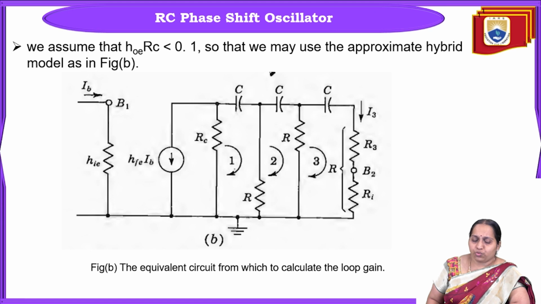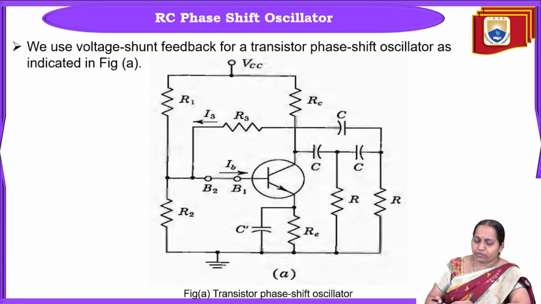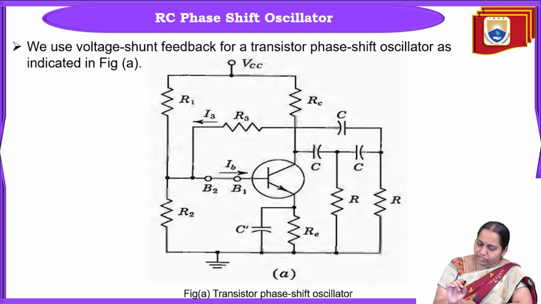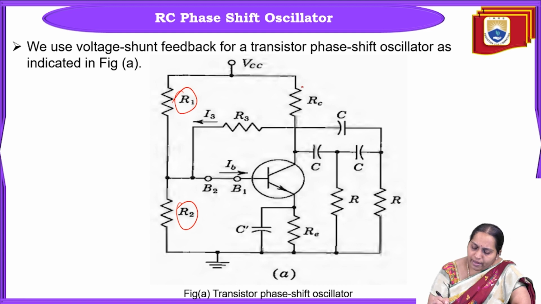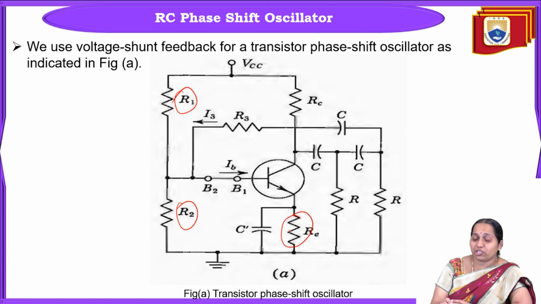Right. So we'll just try to draw the approximate model of this transistor. While drawing the approximate model of this transistor, we will assume that the effect of R1, R2 and RE is negligible in measuring the frequency of oscillations.